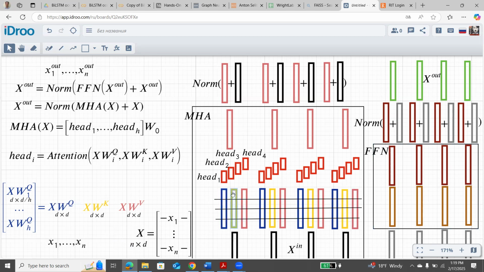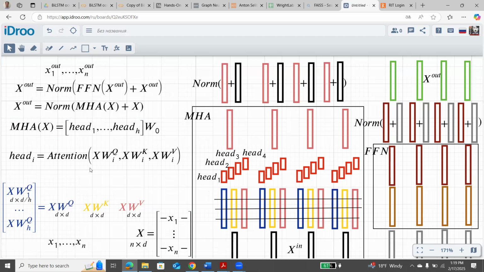So we have three embeddings for every token, and then we split this embedding into parts, and the number of heads here is H. So if the size of the embedding is D, then each head has the size D over H. So we have H heads.